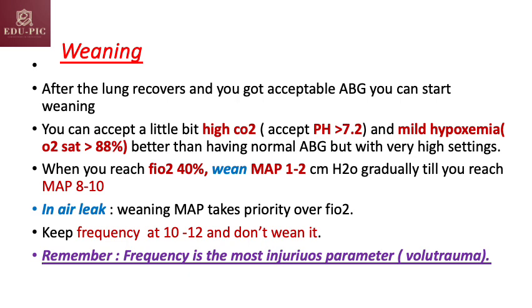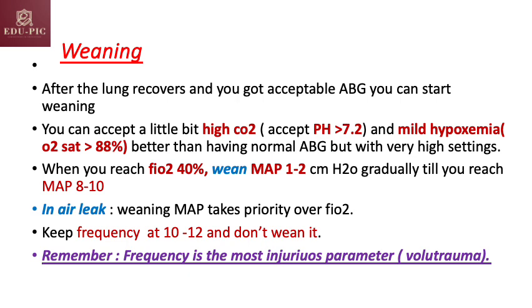After the lung recovers and you get acceptable blood gas, you can start this process. You can accept a little bit high CO2, accept a pH more than 7.2, and accept mild hypoxemia, oxygen saturation more than 88, better than having normal blood gas but with very high settings.